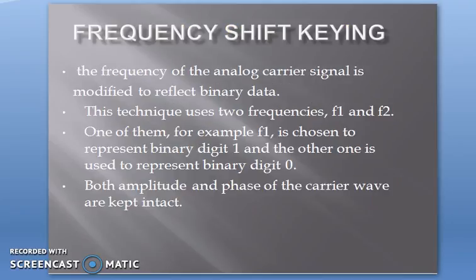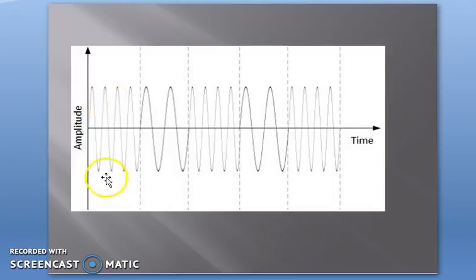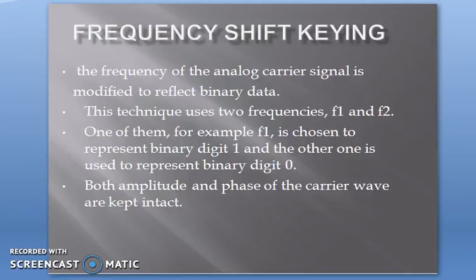The next is frequency shift keying, where the frequency of the analog signal is modified to reflect the binary data, and here we use two frequencies, F1 and F2. This is frequency F1 and this is frequency F2, and one frequency is used to represent a binary 1 and the other to represent a binary 0. Both the amplitude and the phase of the carrier wave are kept intact.